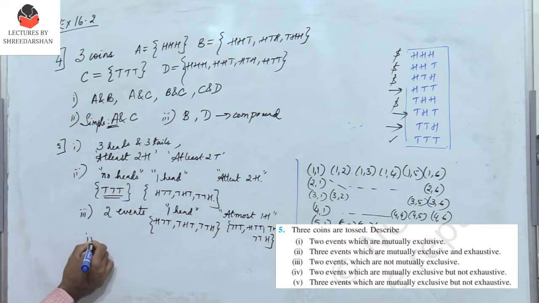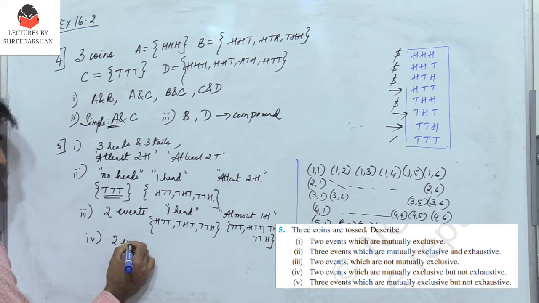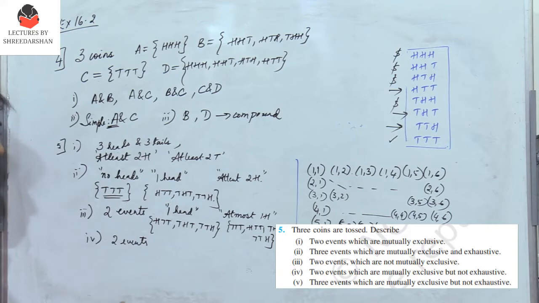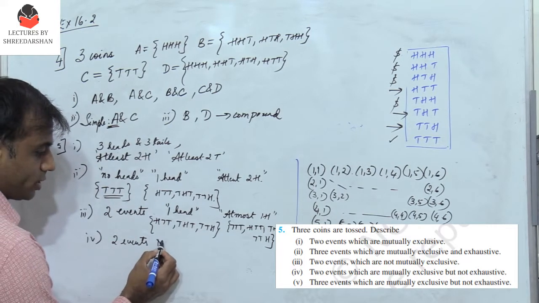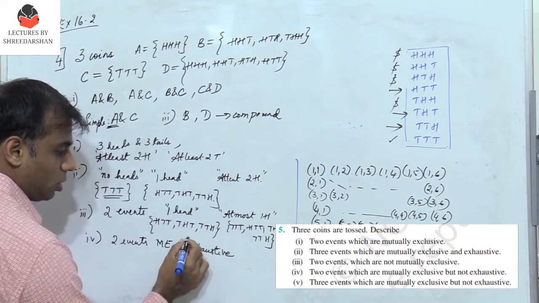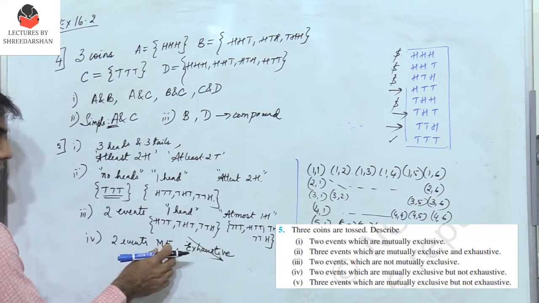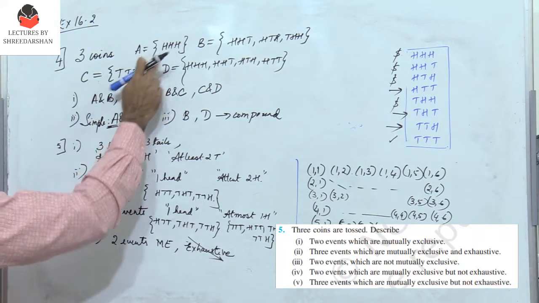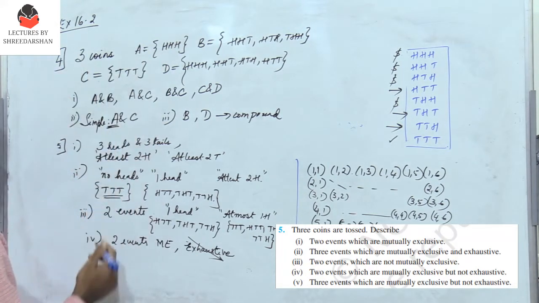Next, fourth one, two events which are mutually exclusive but not exhaustive. So what are two events which are mutually exclusive? Let me consider these two combinations: three heads and three tails.